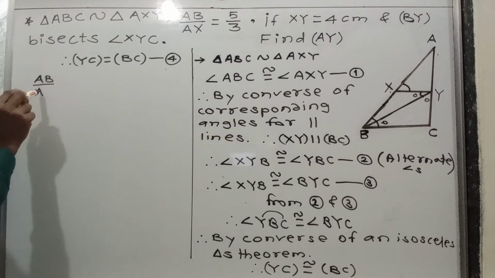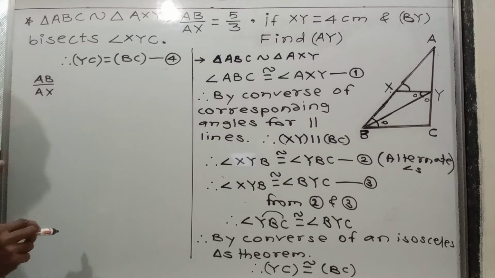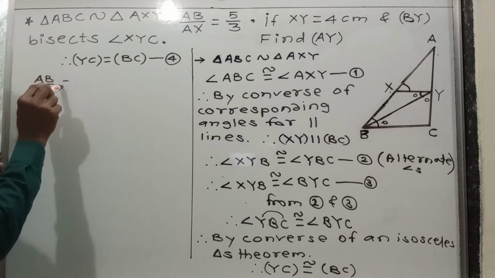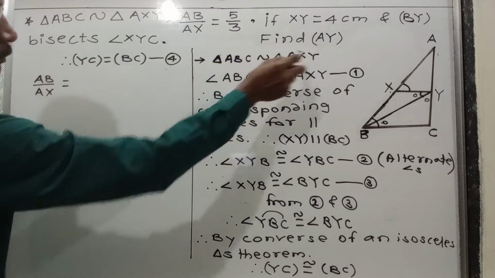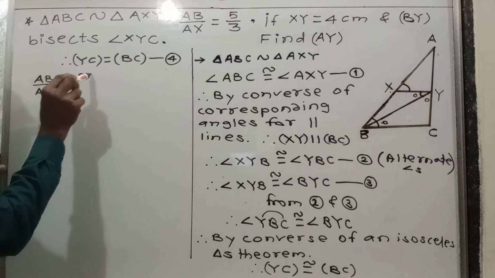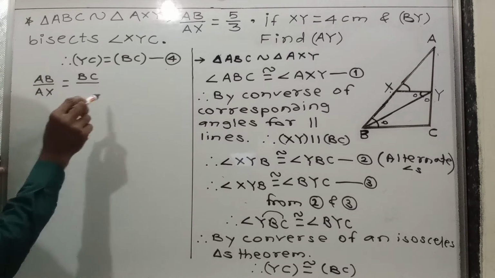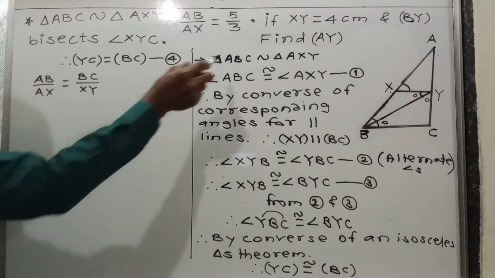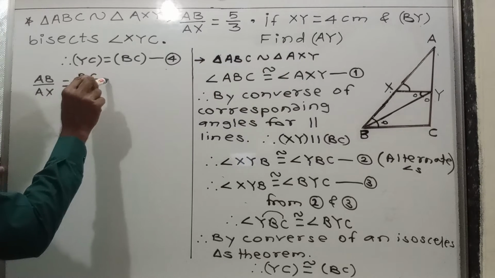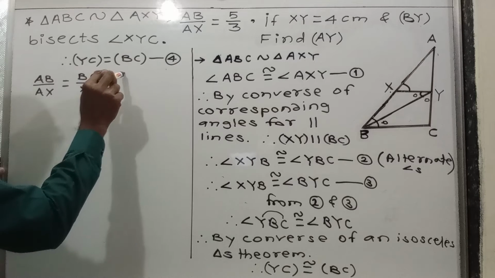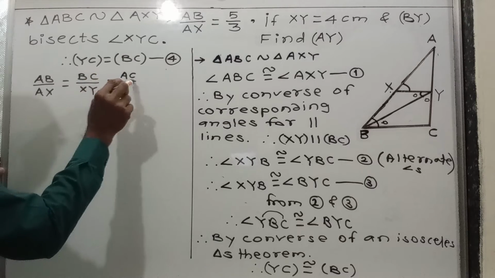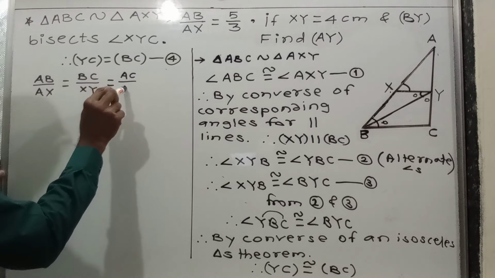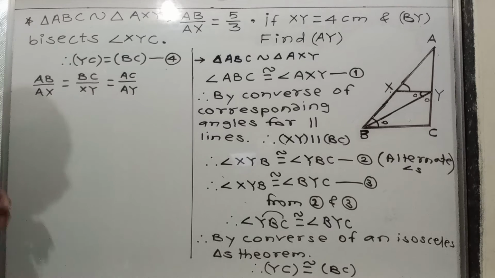AB upon AX is equal to BC upon XY, which is equal to AC upon AY. Did you get it?